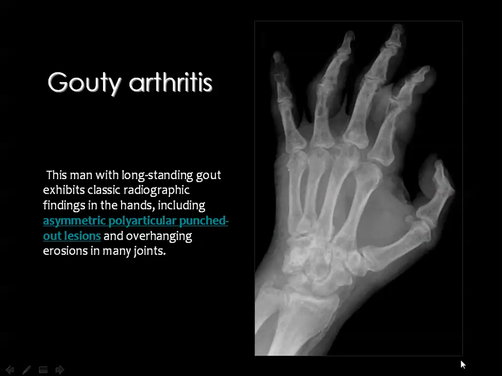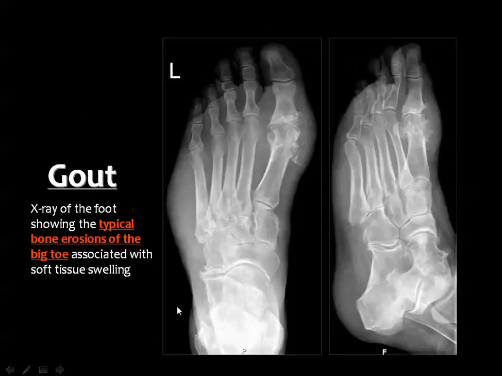And here you can see that there are erosive changes, and these erosive changes are well demarcated. They are not at the joint line. They are somewhat away from the joint line, associated with soft tissue swelling, which later on may be calcified.